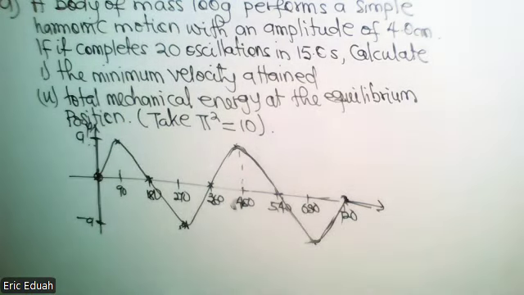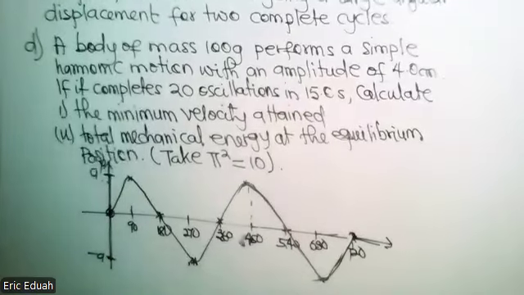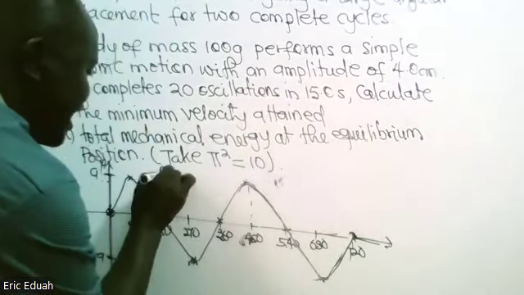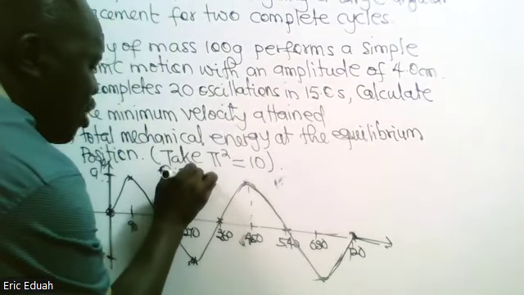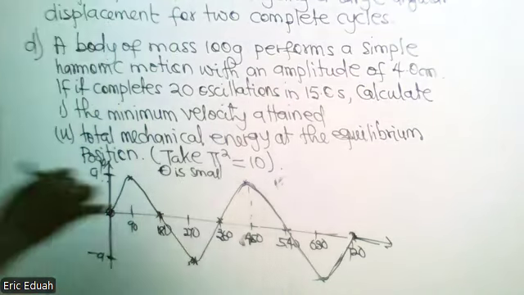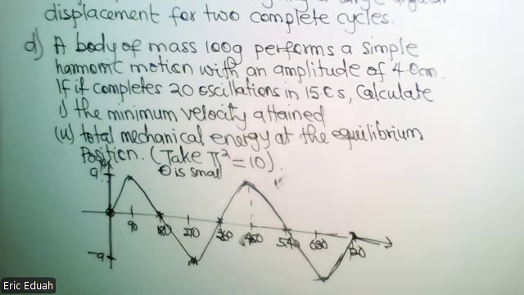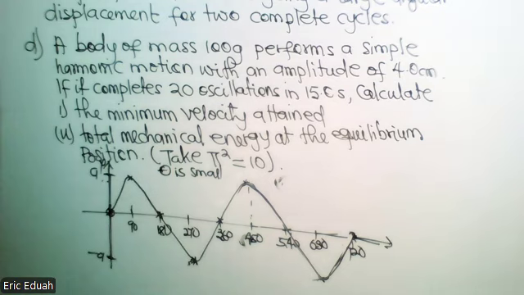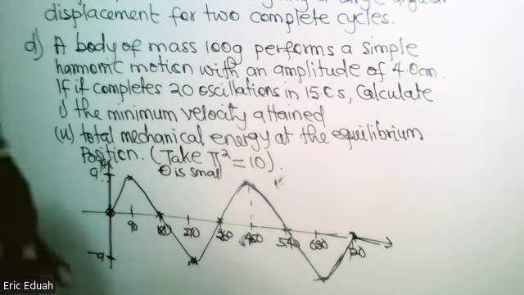For 2 cycles. And this is when the motion is given small angular displacement, or when theta is small. So the body will be oscillating freely. Now, if you give it a large angular displacement, this is how the graph will look like.